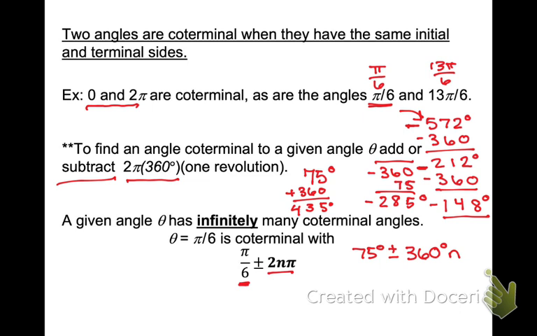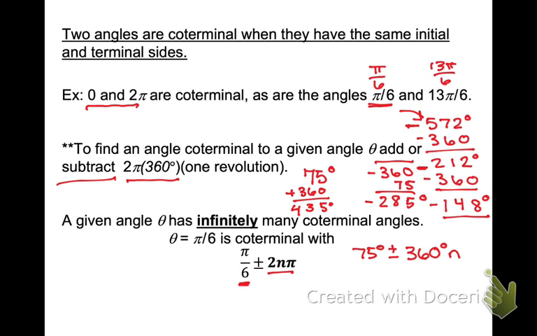So that's why I put plus or minus there, because I really have a hard time saying the number of things is negative. That makes no sense. In the book, if you look, it will just say plus 2 pi n, or it will say plus 360 n. If you don't put plus or minus, I'm not going to say anything, but I will always write plus or minus, because logically it makes no sense not to.